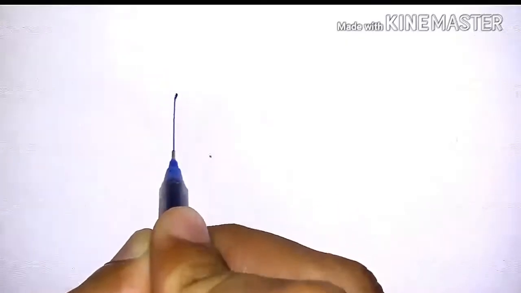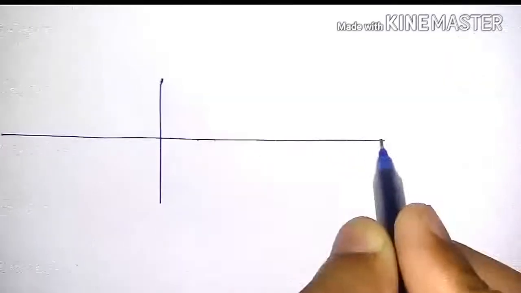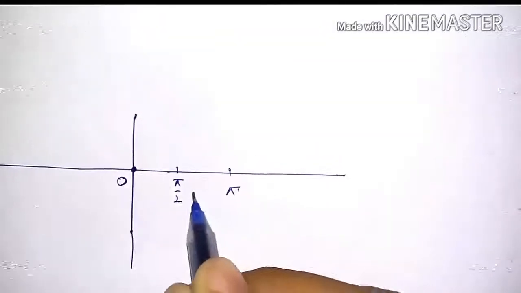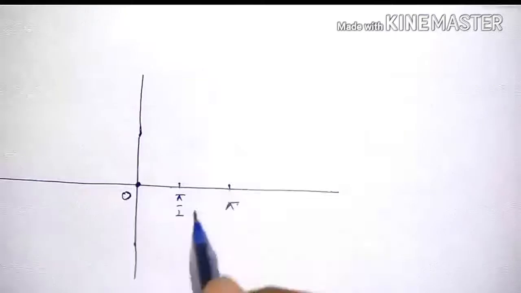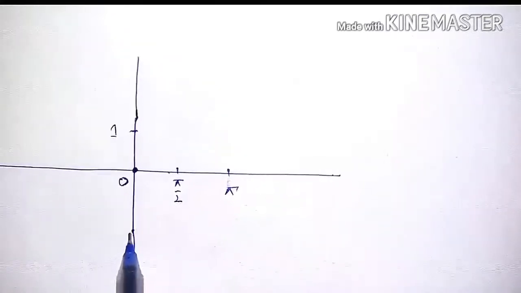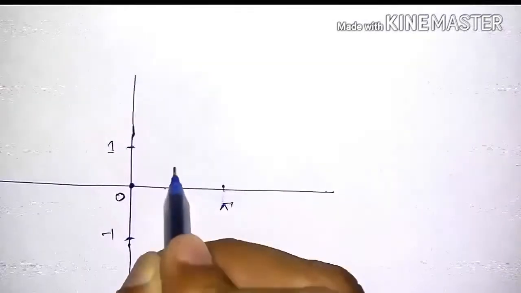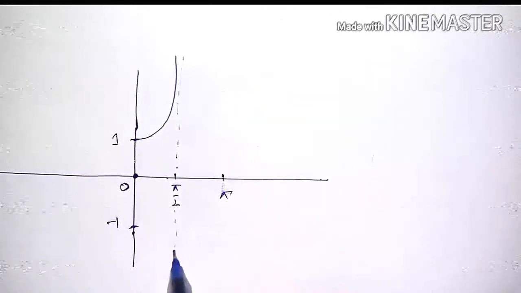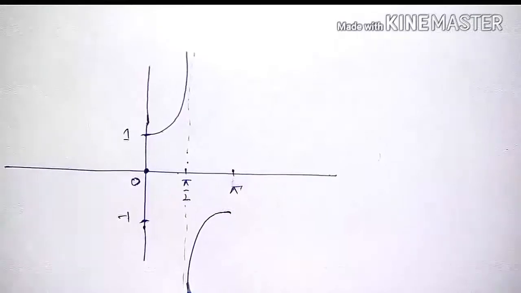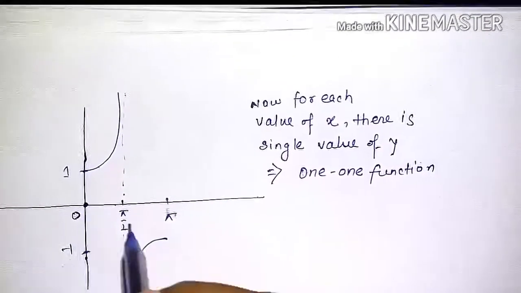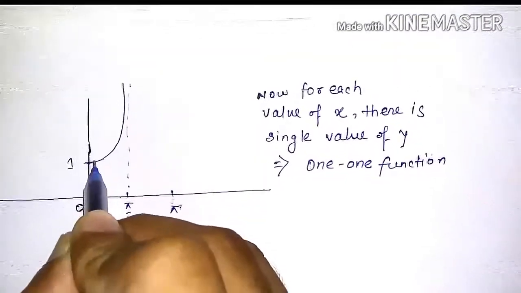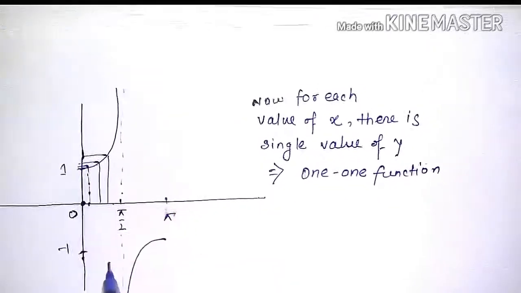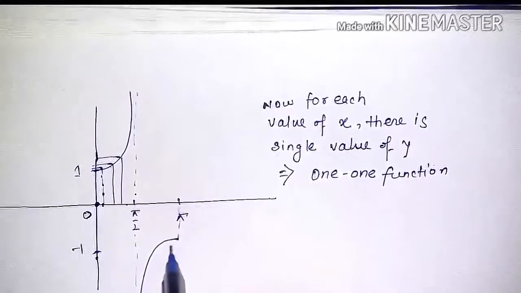Now if we consider a function having restricted domain from 0 to π and codomain -1 to 1, then we get a graph something like this. Now for each value of x there is a single value of y, hence the function becomes 1-1.